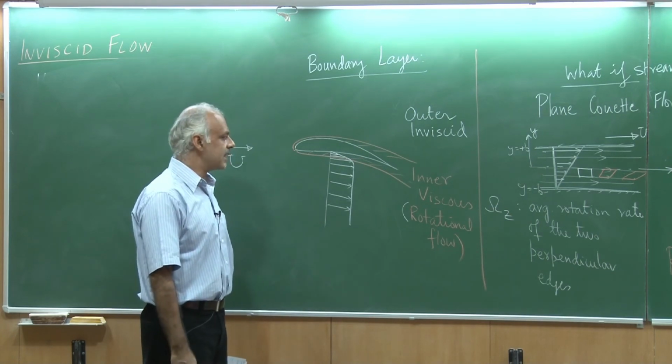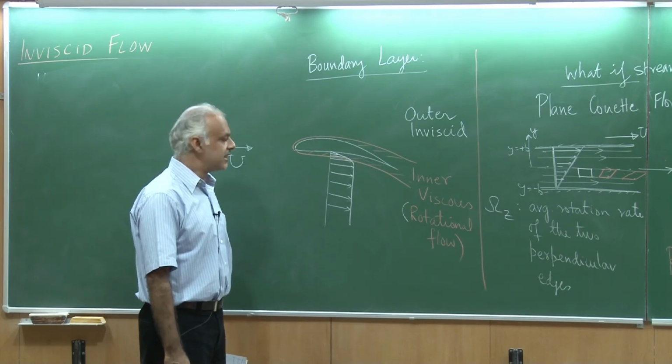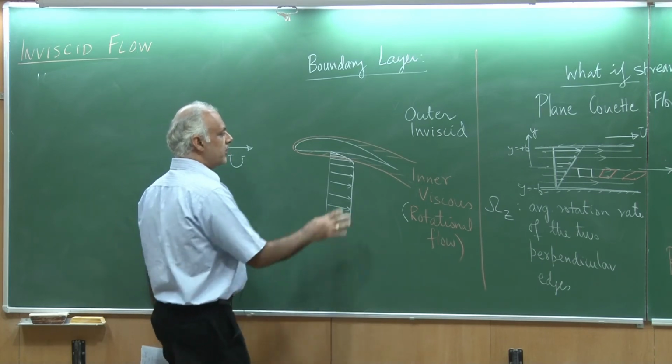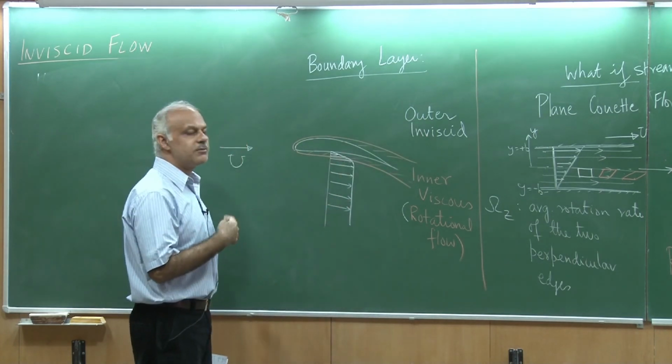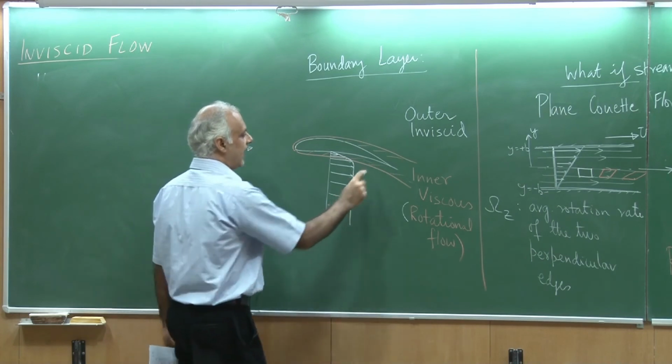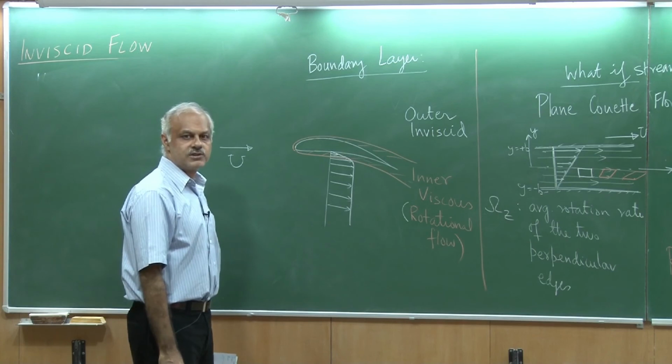We saw that for the example of a flow over a wing of an Airbus A320. So, if we can show that the outer flow is inviscid, we will have a simpler analysis for that, and we are going to use the boundary layer for the inner solutions.